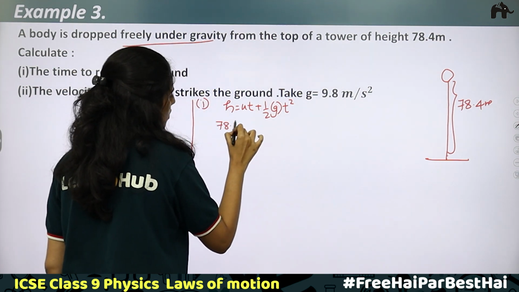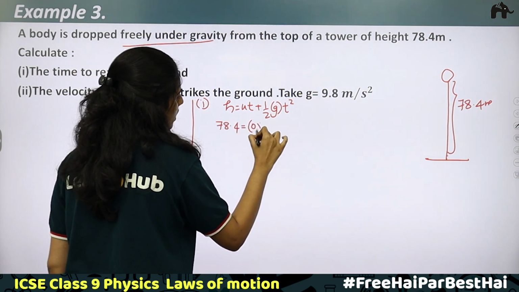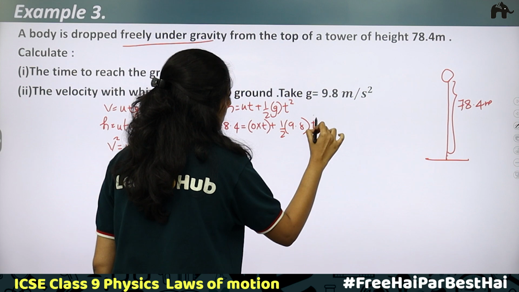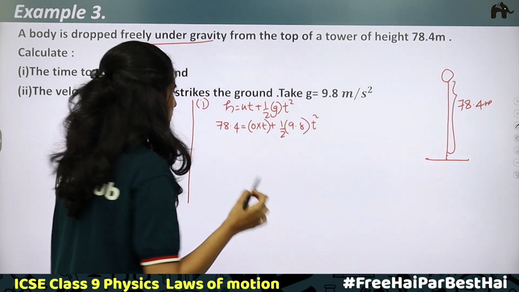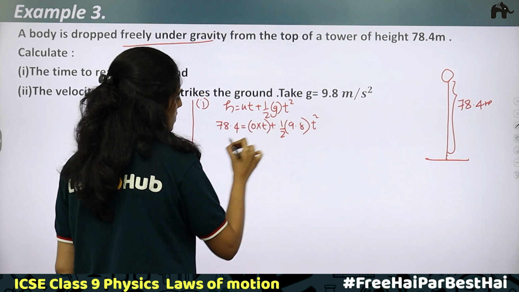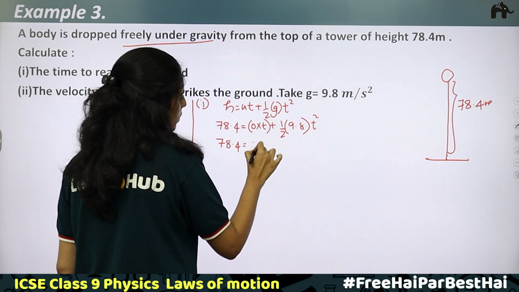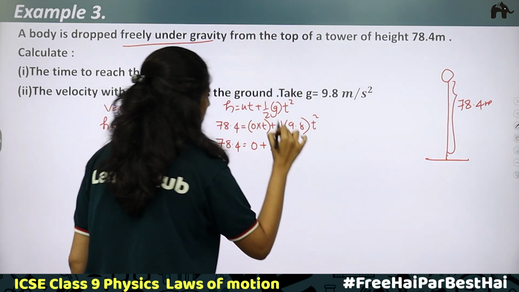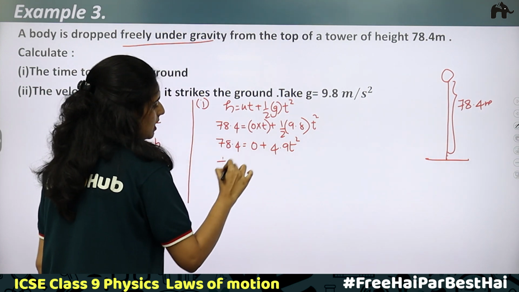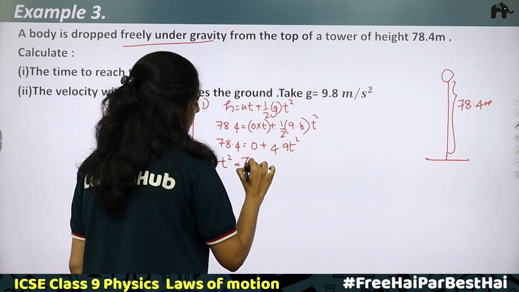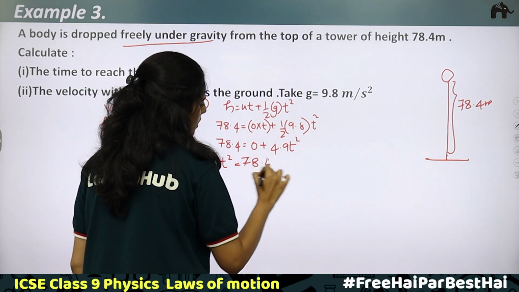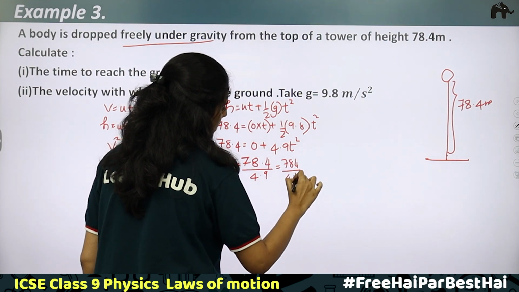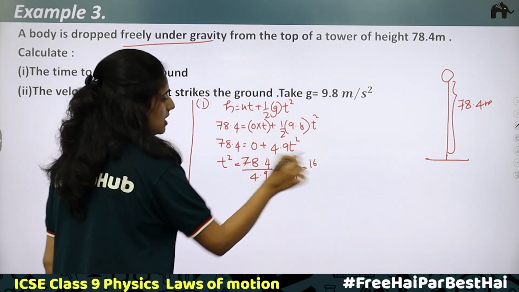78.4 is equal to 0 into t plus half into 9.8 into t square. So this becomes 78.4 is equal to 0 plus 9.8 by 2, which is 4.9 t square, which means t square will be equal to 78.4 divided by 4.9, which is 784 divided by 49, equal to 16. t square is 16.